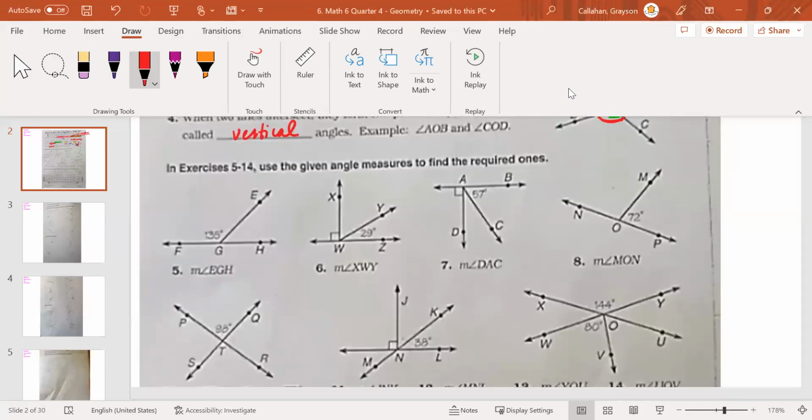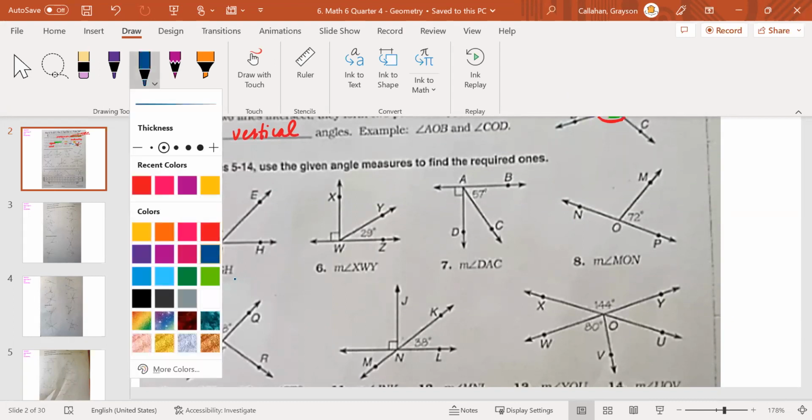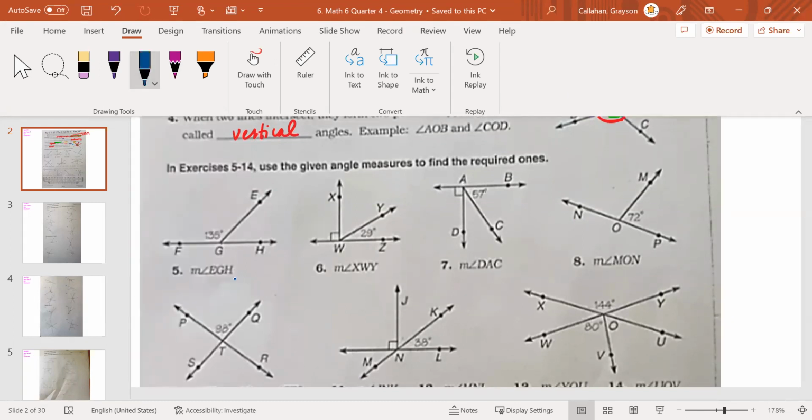All right, let's go on to number 5. Use the given angle measure to find the required ones. Angle EGH. So let's take a look at this. Angle EGH is this angle right here because it's EGH, right? And you want to use your pen to notate that. Do you see how they create this straight line?